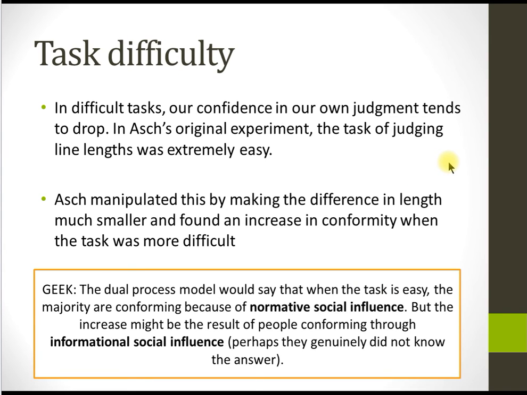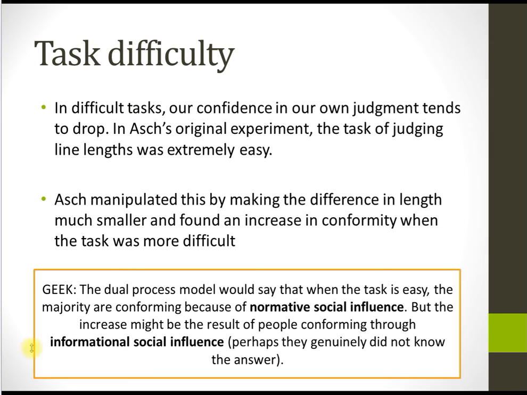Task difficulty. So Asch varied the difficulty of the task, making the lines much closer in length, so it was more difficult to distinguish between the lines. Remember, in the original study, it was very easy to see which line was the same length as the target line.